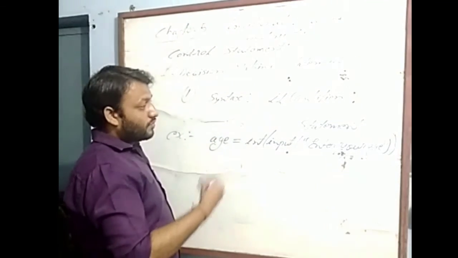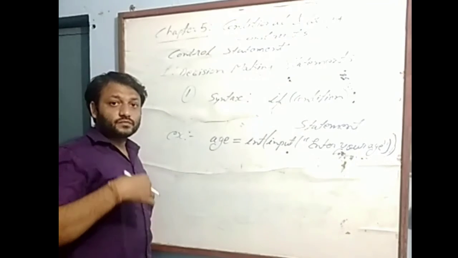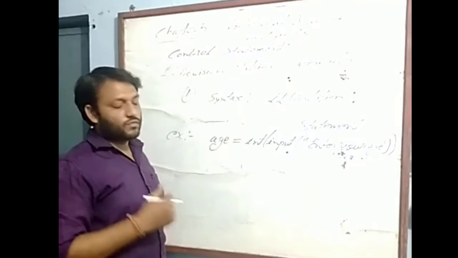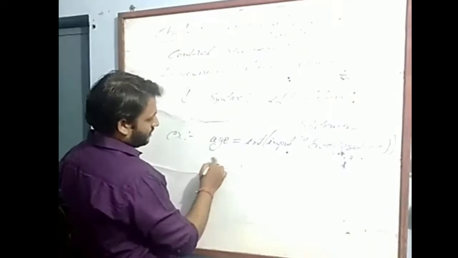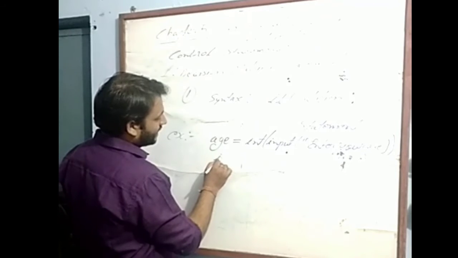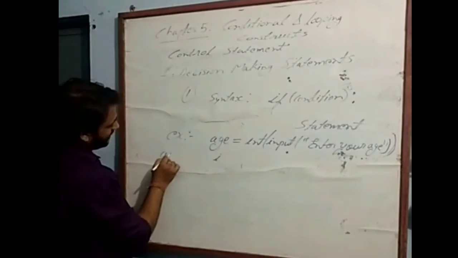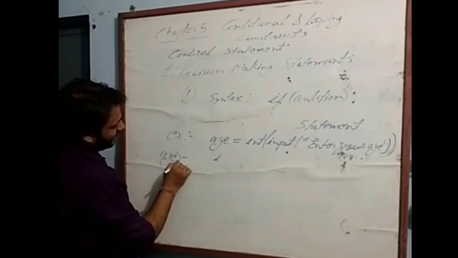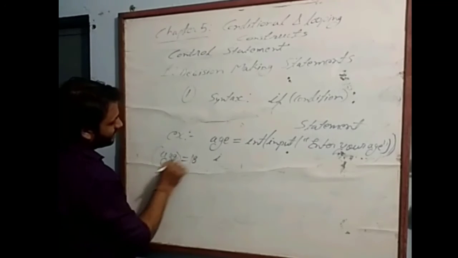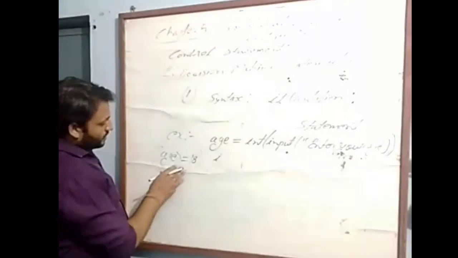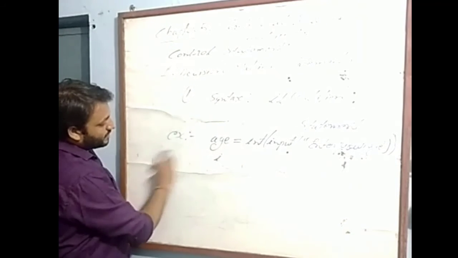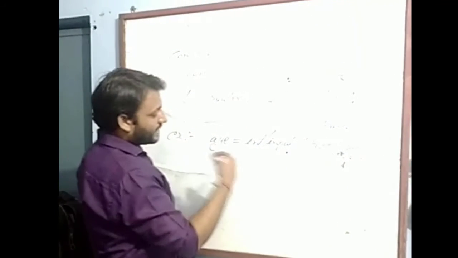Now we want to execute "you are eligible for vote." So first we put the condition, and our condition is that age should be greater than or equal to 18. According to this condition we will create the program.